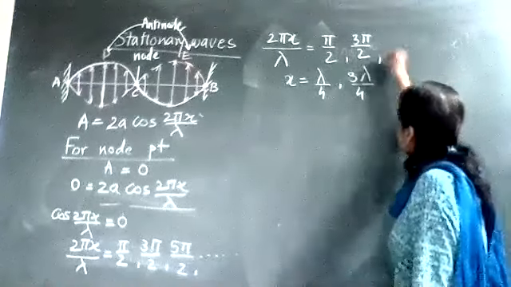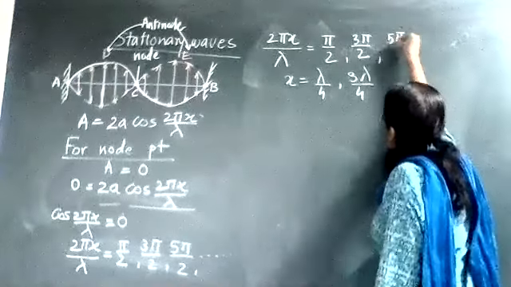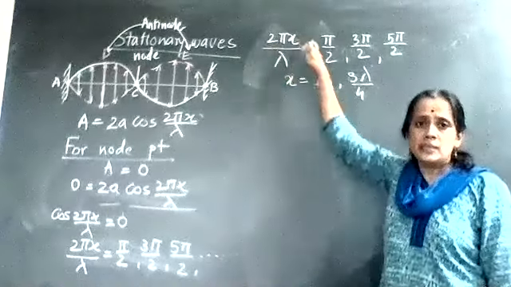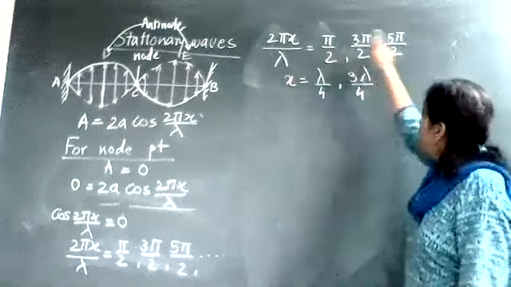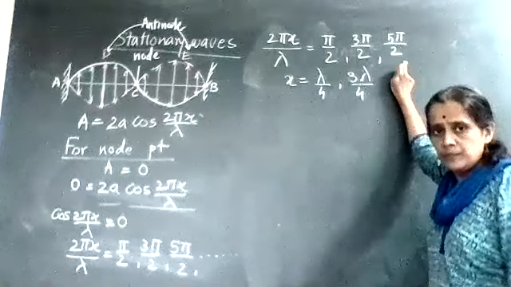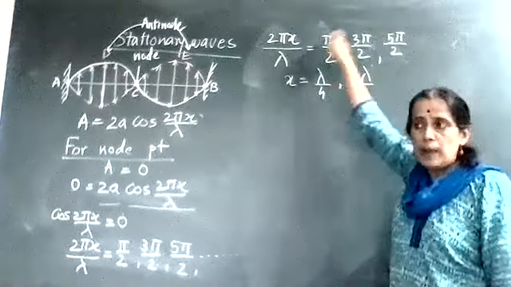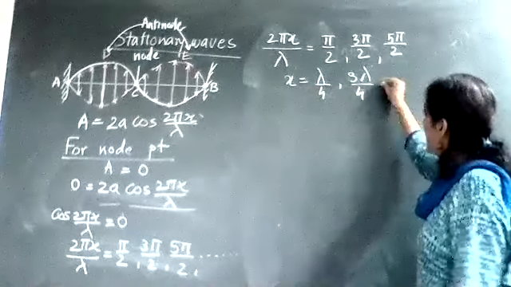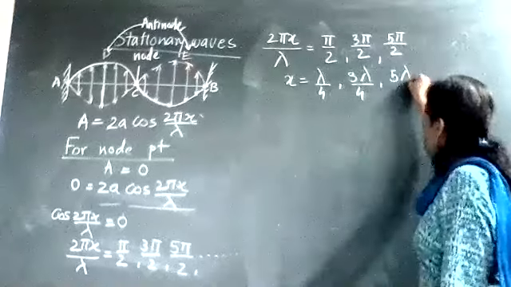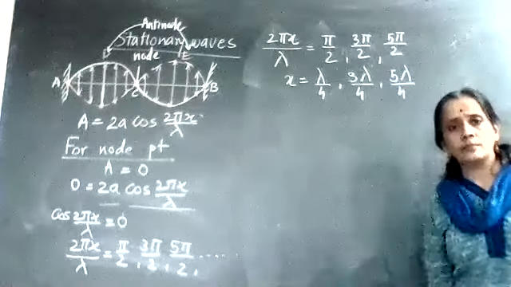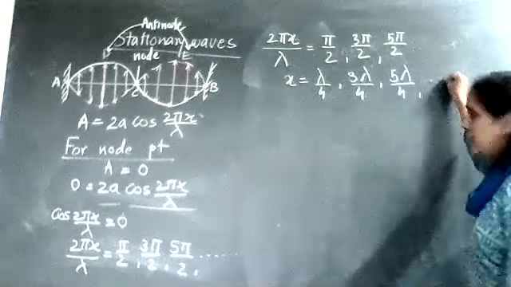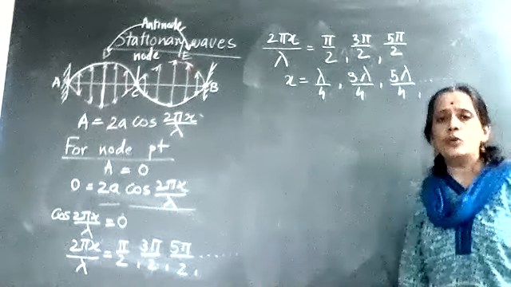Similarly, for the next I can use 5 pi by 2. So your angle value 2 pi x upon lambda is equal to 5 pi by 2. Again from both sides the pi factor will get cancelled. And then I am getting the value of x is equal to 5 lambda by 4. Clear? So in that manner, here I am getting the location of the node point.